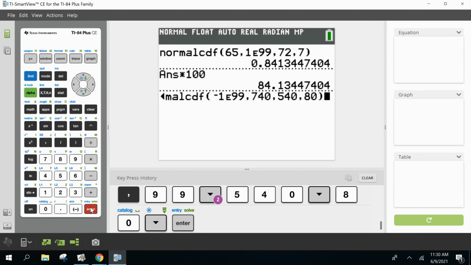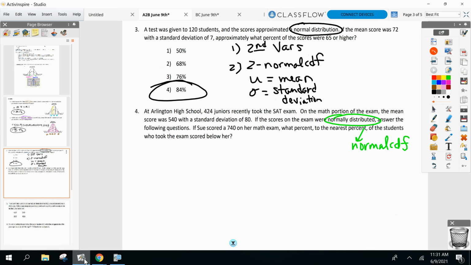Now, everybody stop here. Notice number 4 is not multiple choice, but I'm still going to require work. I just don't want to see an answer and that's it. I need to see work. So how do you show work on a problem like this? See what's on your screen right now, on my screen and your calculator? That's what you write down for me. That's your work. Here's your work for problem number 4, since it's not multiple choice.